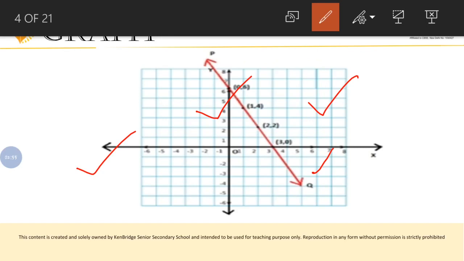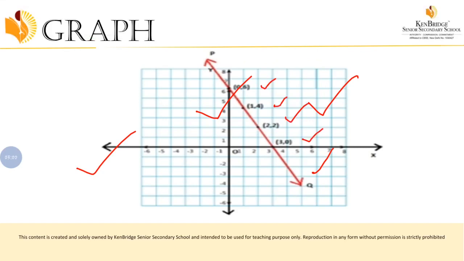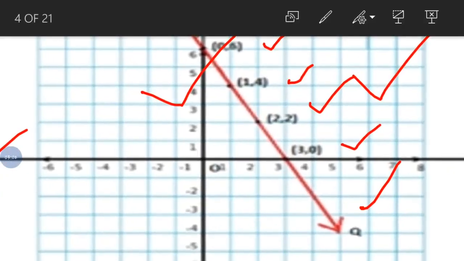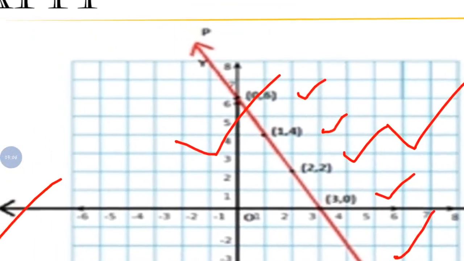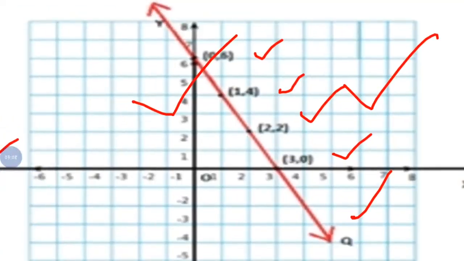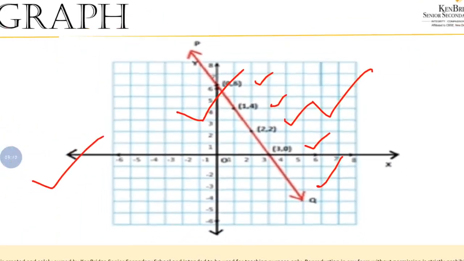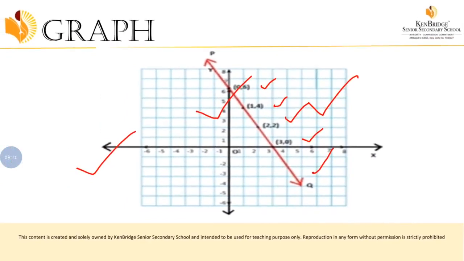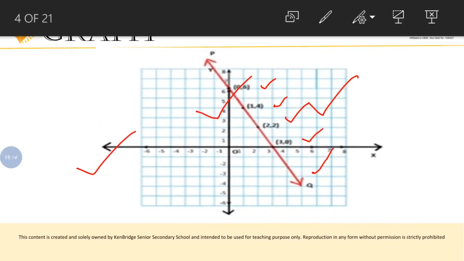Can you see the points that we have marked in the equation? In this way you have to mark the solutions you got from the equation, and you have to draw the line through them. So always a linear equation in two variable will give a straight line. Let's move on to the next slide.